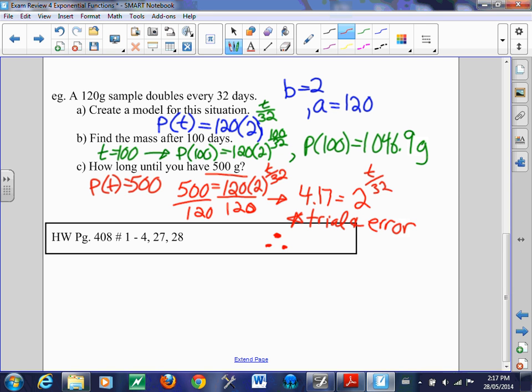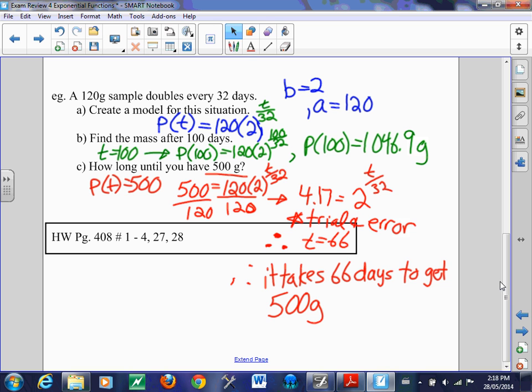So you plug in values and start seeing when you get the left side to equal the right side, and you're going to get t equals 66 as an answer. So therefore, it takes 66 days to get 500 grams.